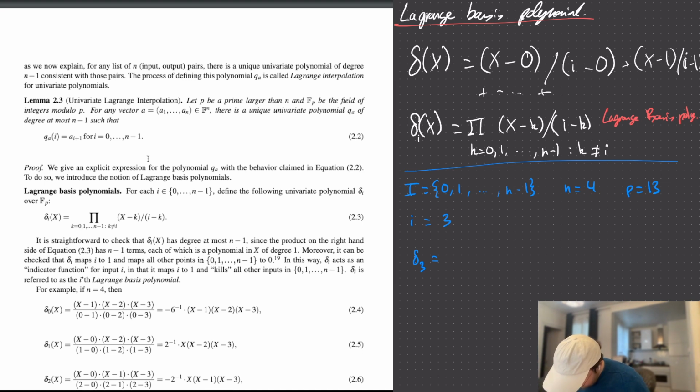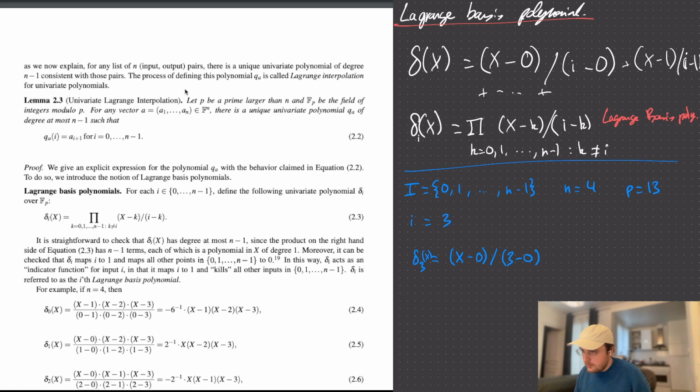So it will be something like x minus 0 divided by k minus I minus k. So I is 3, so it's 3 minus 0, 3 minus 0, and it's like times.